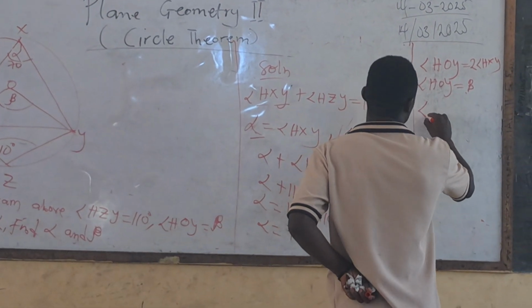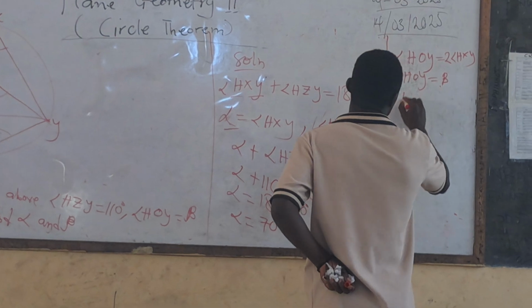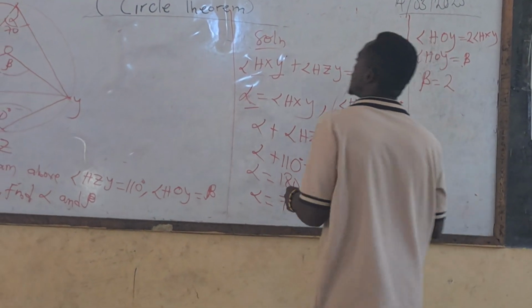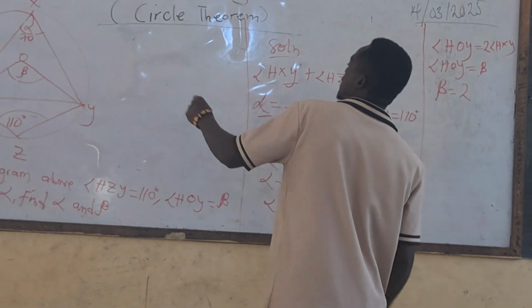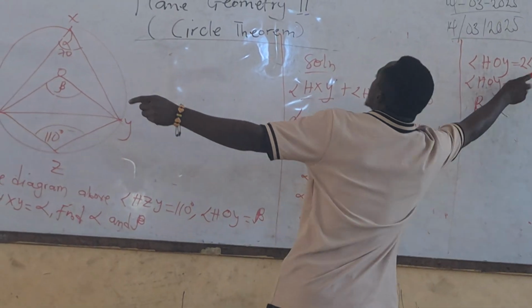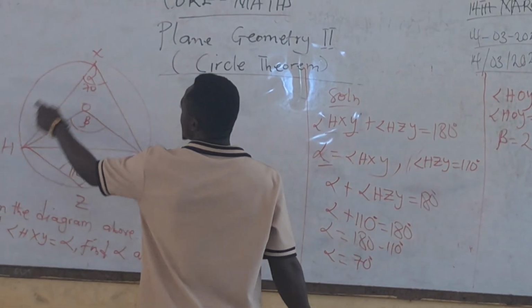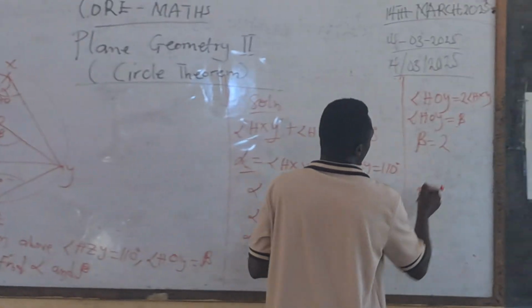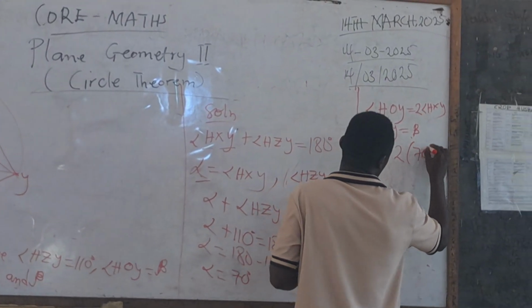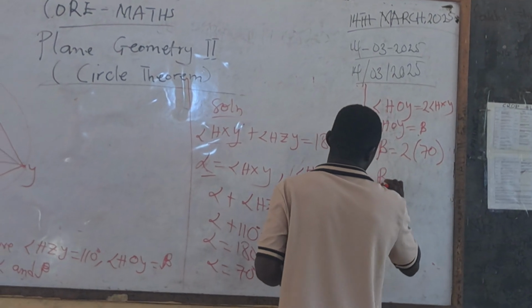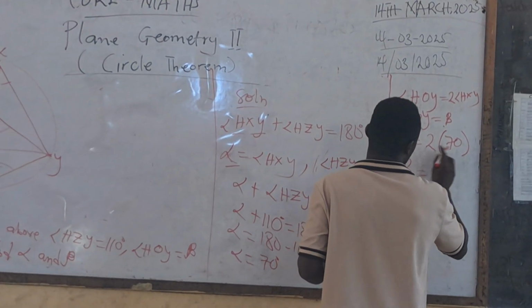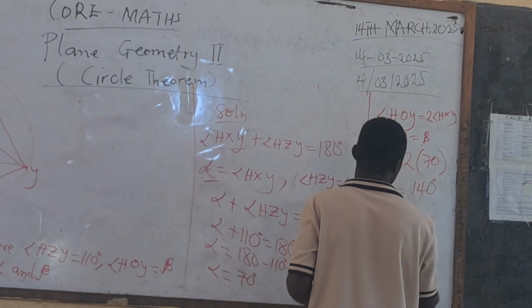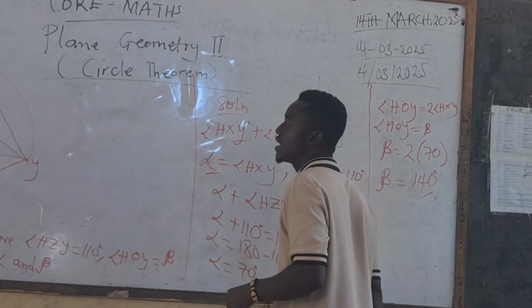Therefore, beta equals twice HXY, and HXY is 70. So beta equals 2 times 70, which gives us 140 degrees. And that's all.